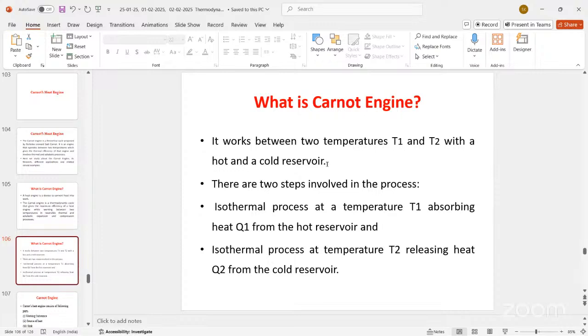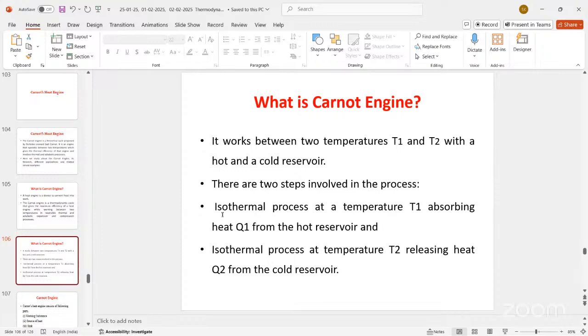Here we take T1 and T2 as two reservoirs: one is the hot reservoir, T1, and the other is the cold reservoir, T2. Two steps are involved in this process. One is the isothermal process at temperature T1, absorbing heat Q1 from the hot reservoir.